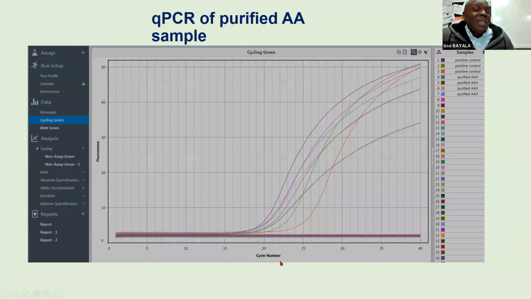After purification, after we were able to collect the pure fraction, we ran it again, and this time you can see the baseline is the same for the standard and the samples. So it started the same, but you can see the first graph that comes up higher is the standard, it's more concentrated, and the other ones are less concentrated, so they take more cycles to be detected.